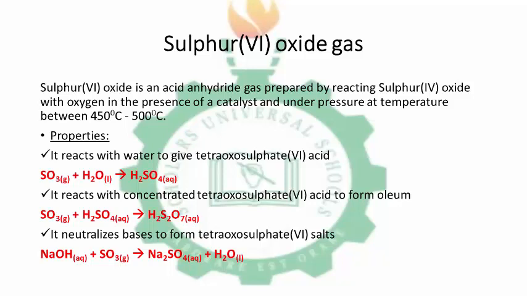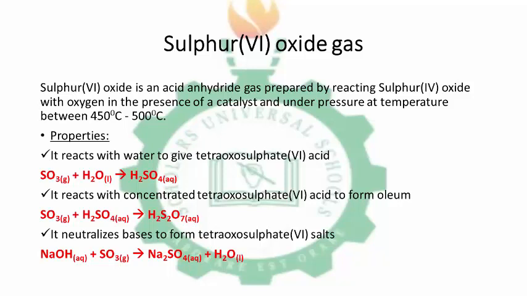But when SO3, sulfur 6 oxide, dissolves in water, it produces tetraoxosulfate 6 acid, H2SO4. So that's why it is important for us to discuss SO3 gas, because it is an important constituent in the preparation of tetraoxosulfate 6 acid.